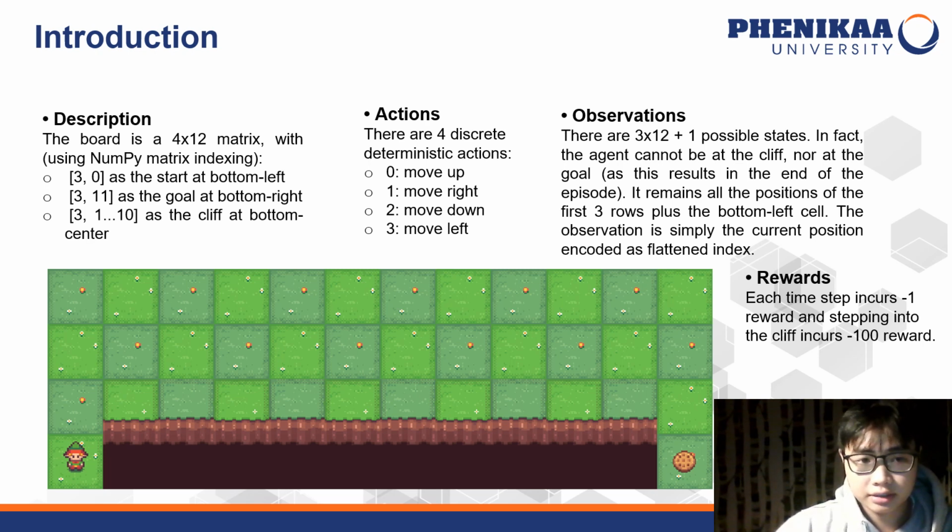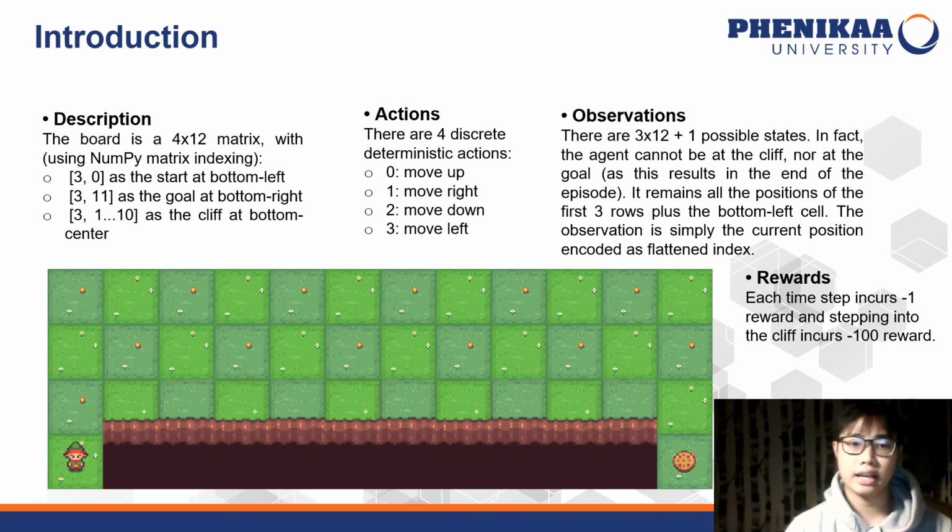The point at row 3, column 0 is the start at the bottom left, and row 3, column 11 is the goal at the bottom right, and row 3, columns 1 to 10 are the cliff at the bottom center.